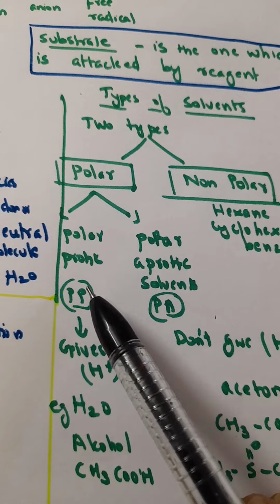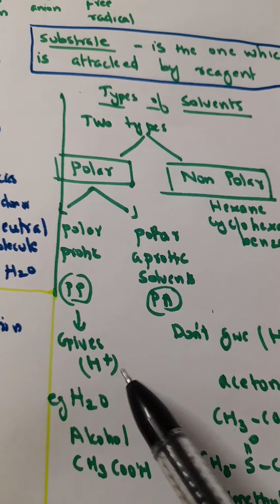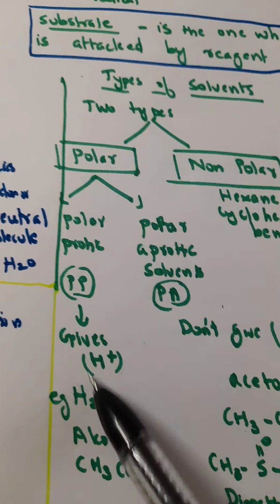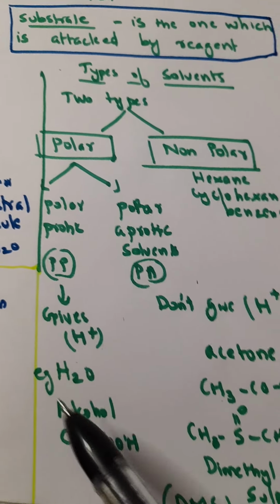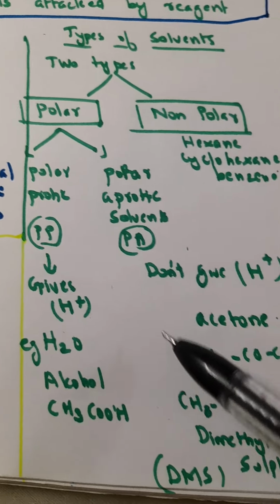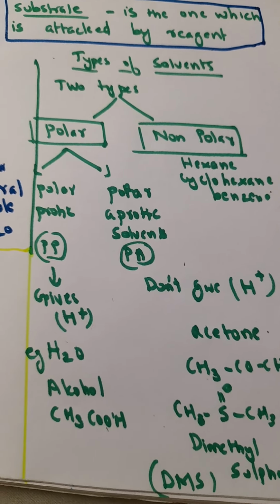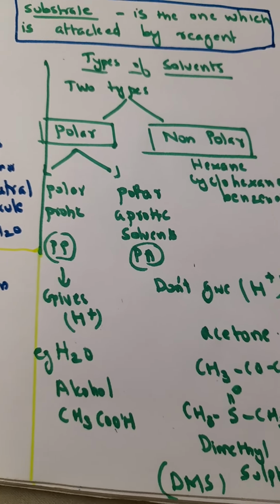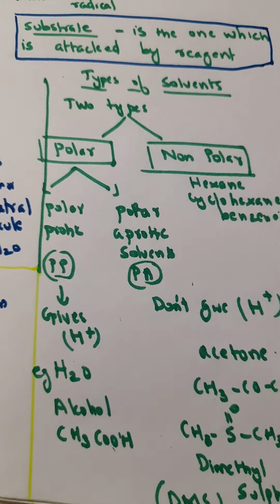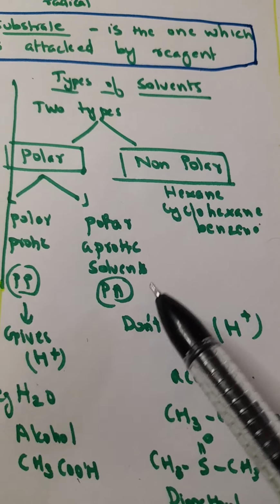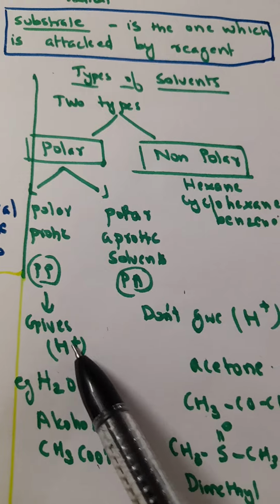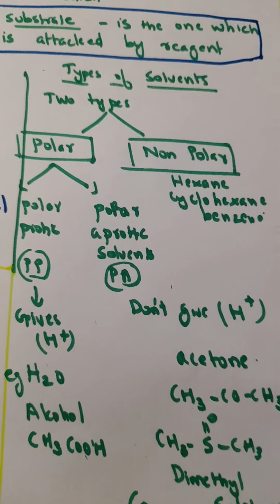So polar protic means it gives out H plus ions, or hydrogen plus ions. The most common examples are water, alcohol, then acetic acid, CH3COOH. These are all classical examples of polar protic. Now PA, that is polar aprotic. See, just the opposite of this, they don't give out H plus.